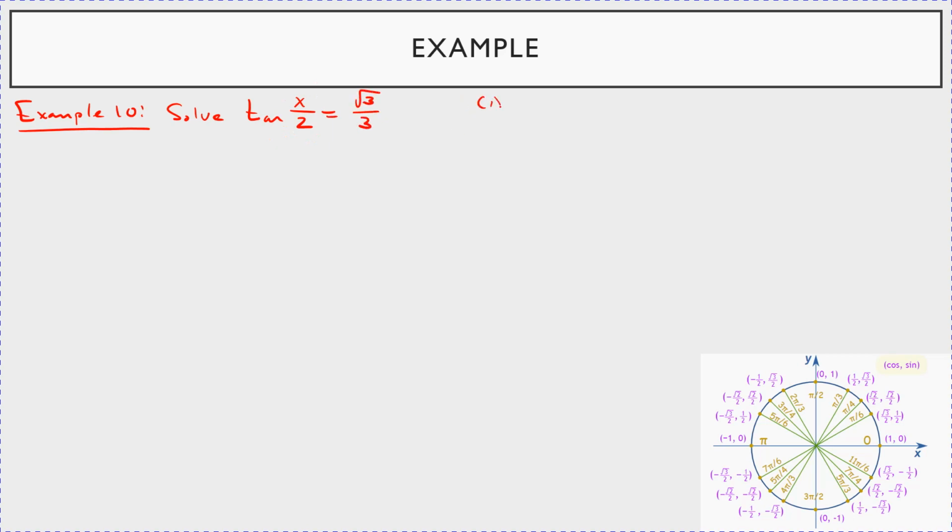All right, let's find 1, all general solutions. And then 2, let's find all solutions on 0 to 2 pi.